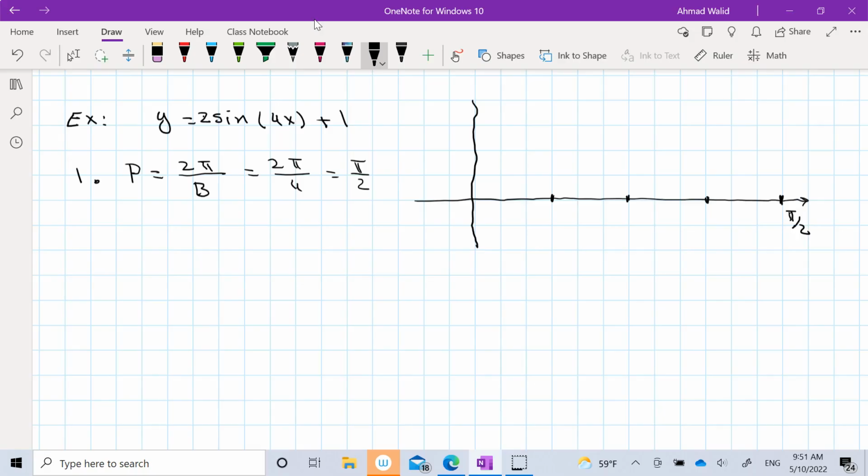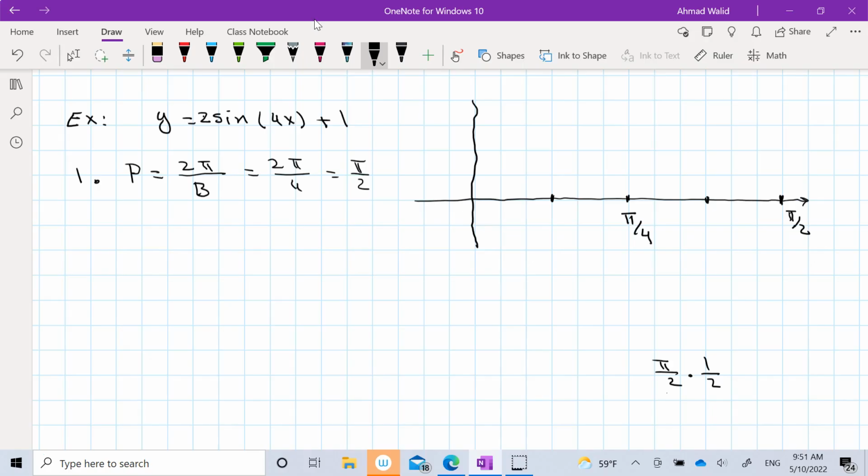Every time that you divide a fraction by a number, you actually multiply it by the reciprocal of that number. In easy language, I want to find the center. Instead of dividing pi over 2 by 2, I will multiply it by 1/2, which is the same, right? Pi over 2 times 1/2 gives me pi over 4, which is my center.